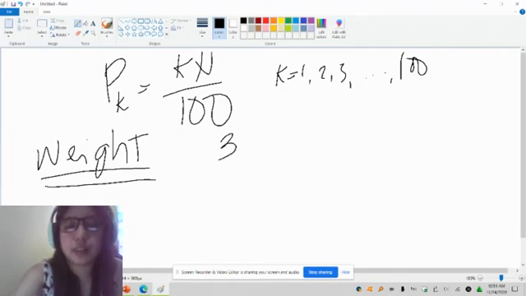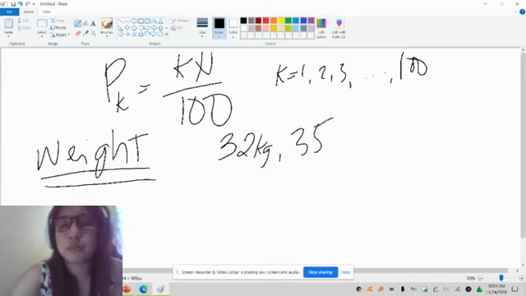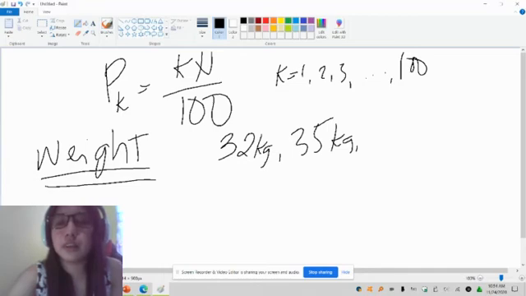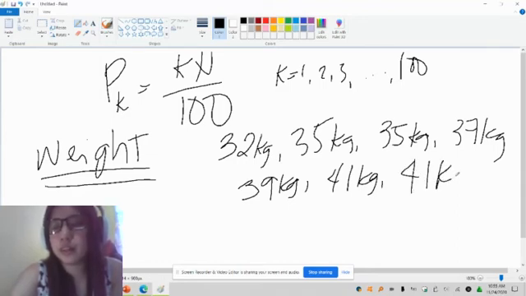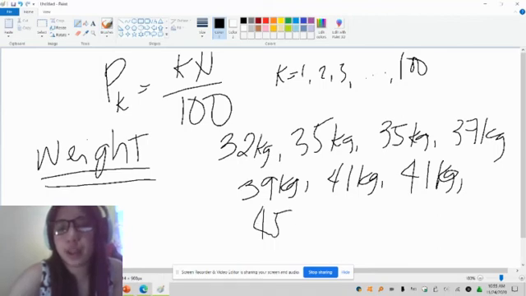We have 32, 35, 35, 37, 39, 41, 41, 45, 47, 47 kg.